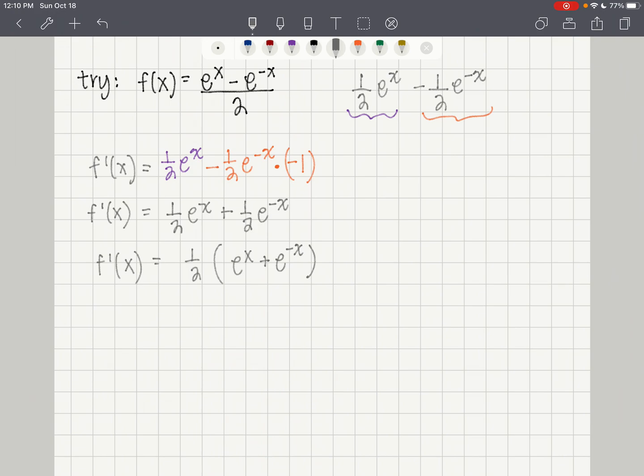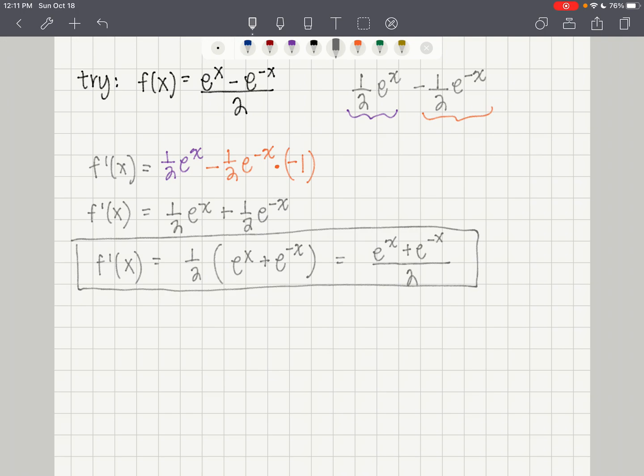That's something that we can do. Or you can go back and put that 1/2 back into the denominator, just like that. And that's our final answer. Either one of those are equal to each other.